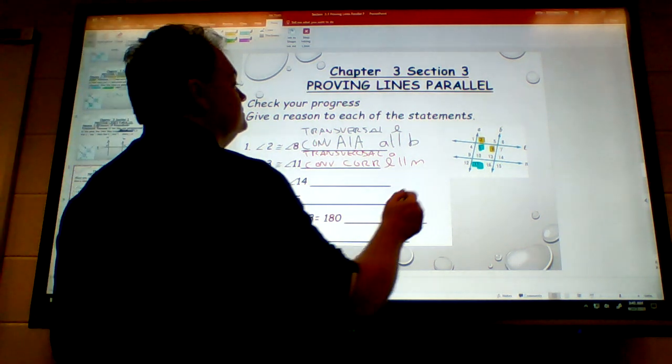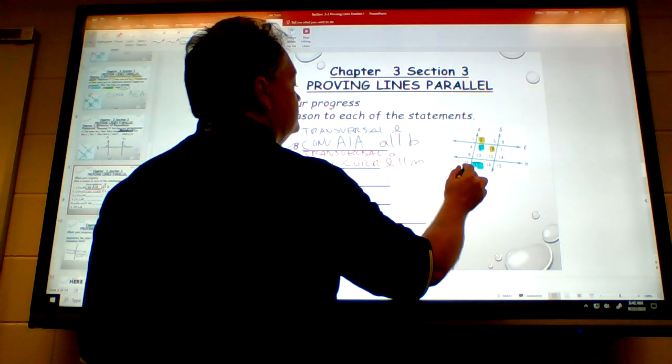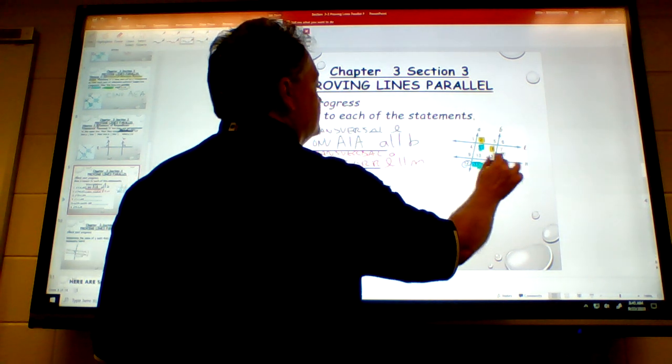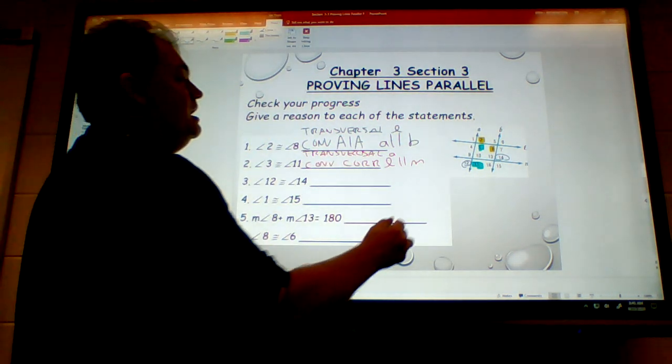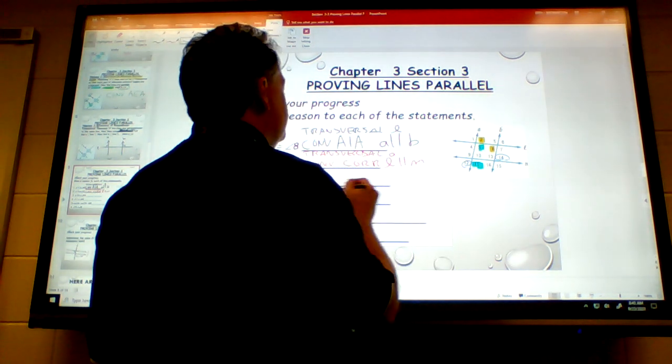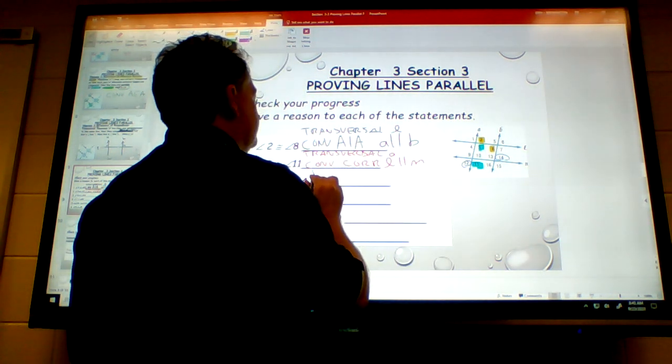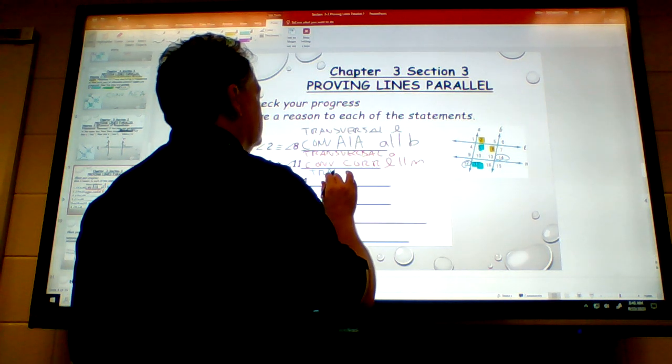Now, look at 12 and 14. I'm just going to circle those two. In the case of 12 and 14, N is the transversal.